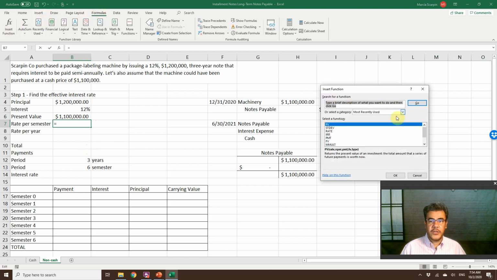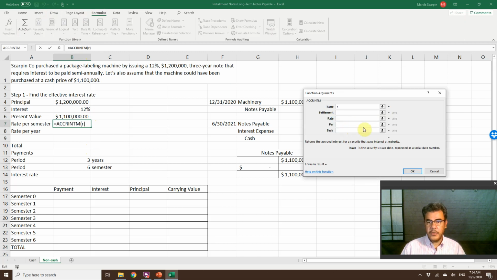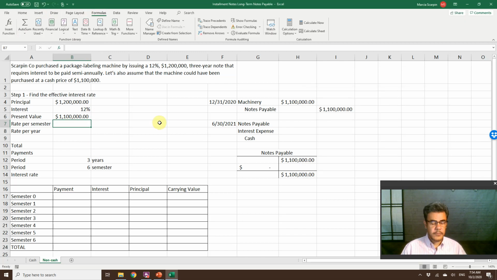Insert function. Rate. Number of periods, 6 semesters. Payments, we don't have payments, sorry. PV, negative 1.1. FV, 1.2.